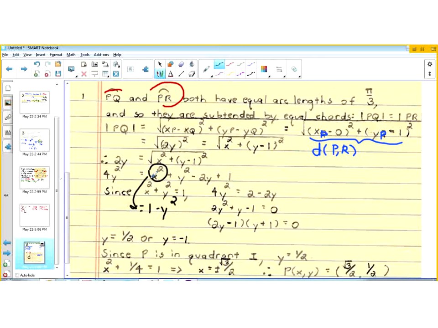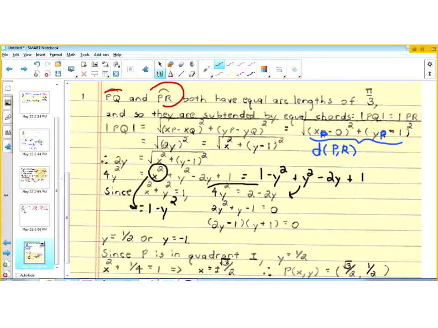Okay? And so when we replace x squared with 1 minus y squared, we'll have 1 minus y squared plus y squared minus 2y plus 1. And so when we simplify that, we'll get this. So we have 4y squared is equal to 2 minus 2y.